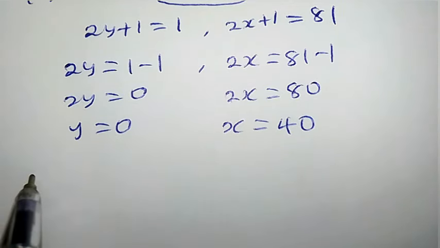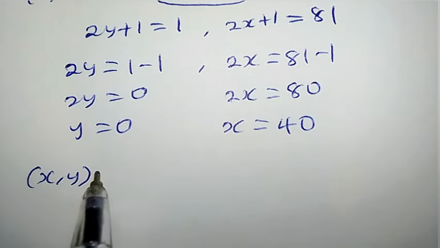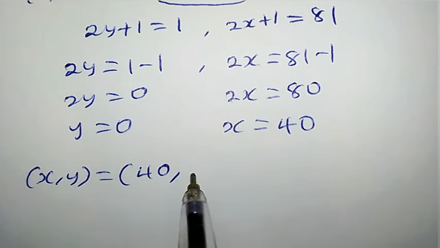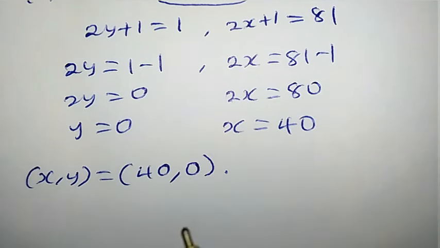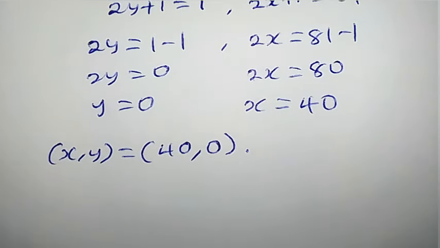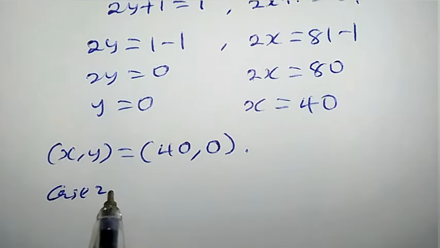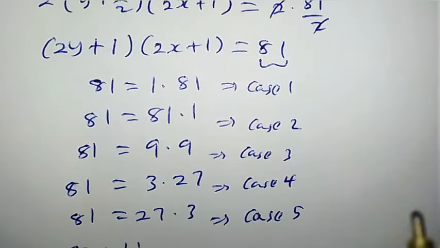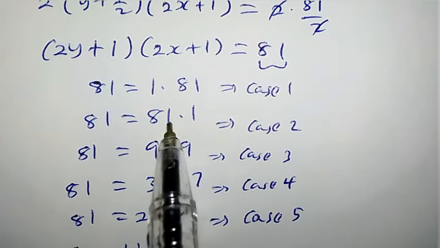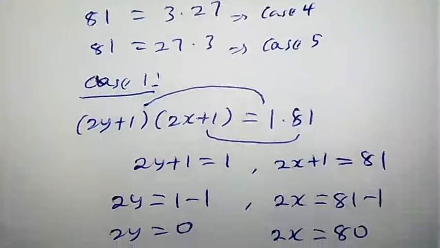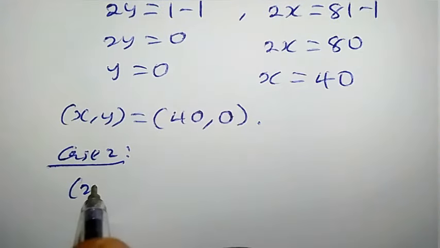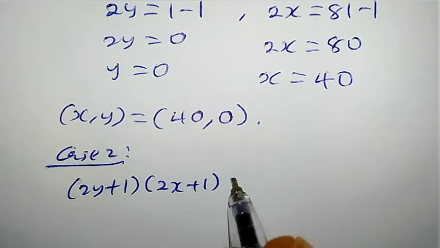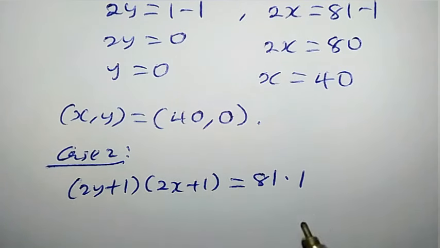Thus, the first solution, x comma y, is equal to what? x is 40, y is 0. This is the first solution. Take note of it. Now, for case 2, we just replace this 81 with 81 times 1. (2y plus 1) times (2x plus 1) is equal to 81 times 1.